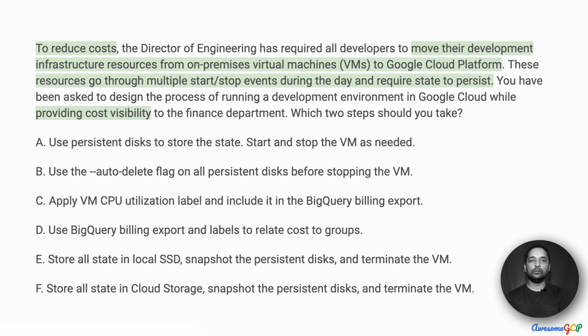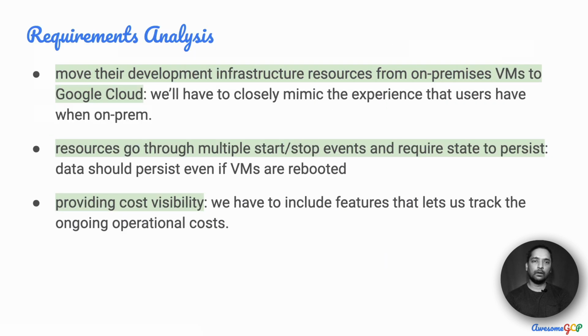So quite a few options here. We will study the requirements quickly and then consider each of the options. The first thing is that this team is moving the development infrastructure from on-prem VMs to Google Cloud. So we have to closely mimic the experience that developers have when on-prem while also being on Google Cloud.